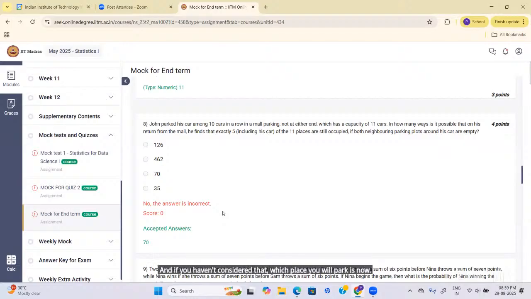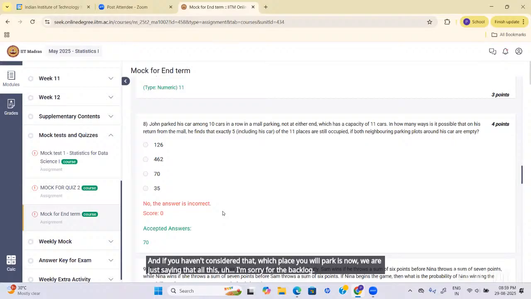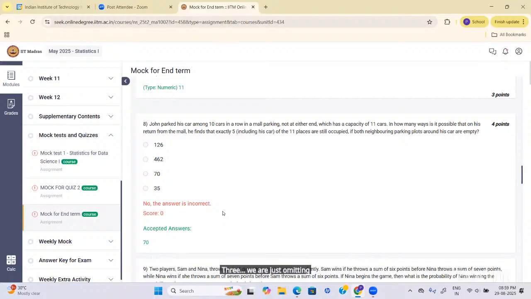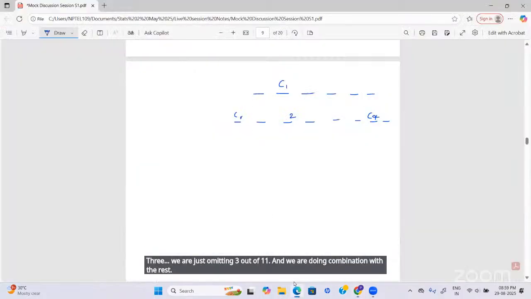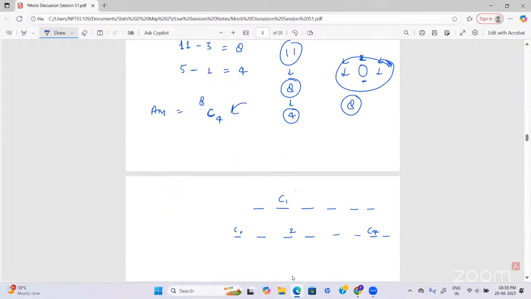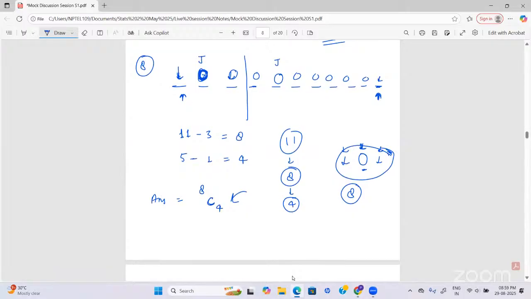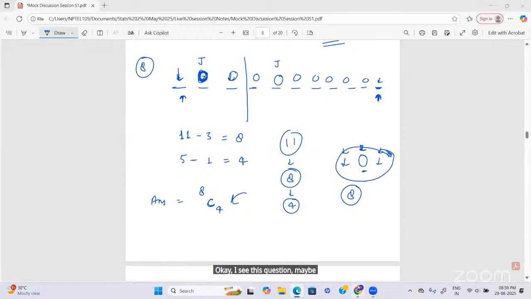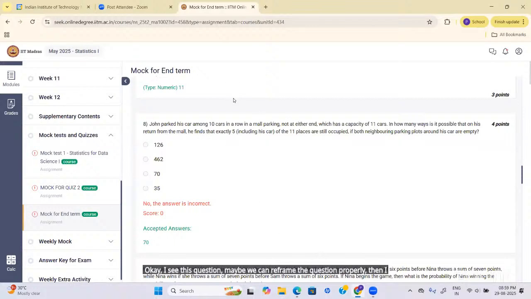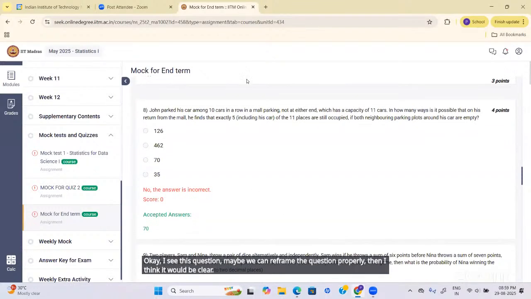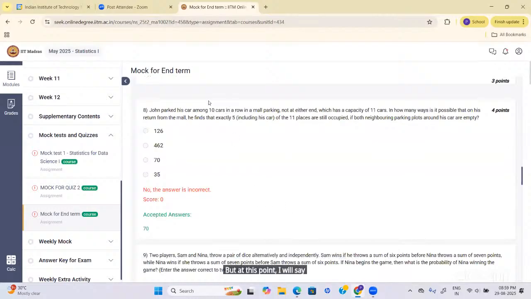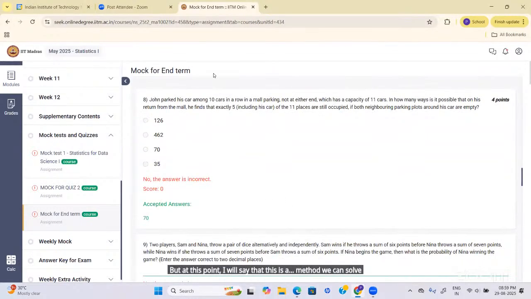We are just omitting 3 out of 11, and we are doing combination with the rest. Okay, I'll see this question. Maybe we can reframe the question properly, then I think it would be clear. But at this point, I will say that this is the method we can solve it. Okay, I will see this question later.